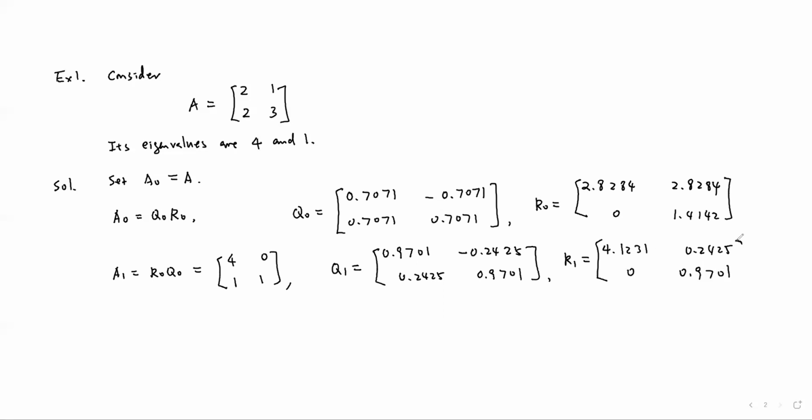Then form the matrix A2. A2 is R1 times Q1. The matrix has entries 4.5 and 0.2353. This is k equal to 2, and so on. Then factor this matrix into Q2 and R2.